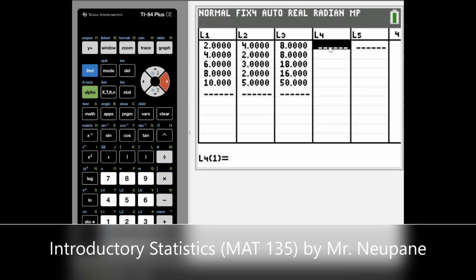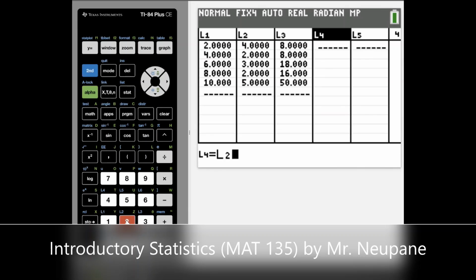But in the next column, now you have to be very careful here. You go to the 4th column, you go up here and select that L4. What we need is f times (x minus mean) squared. Frequency is in L2, so f is L2. First type L2, second and 2, that is L2. Then we have times, this is your multiplication sign.